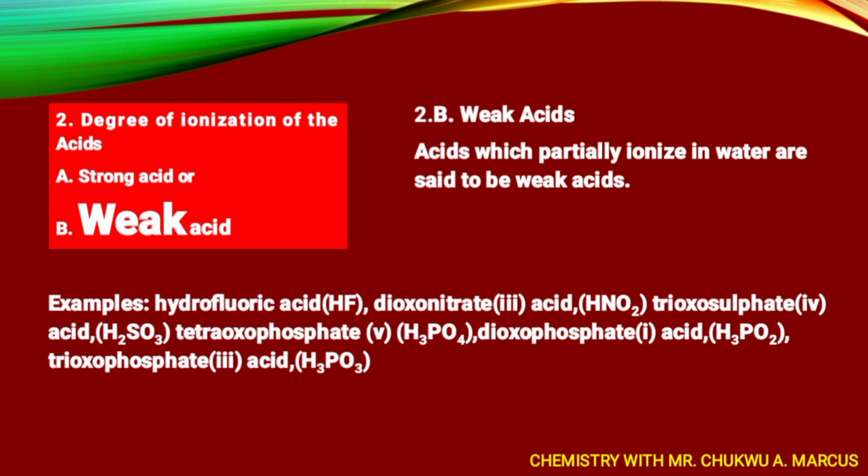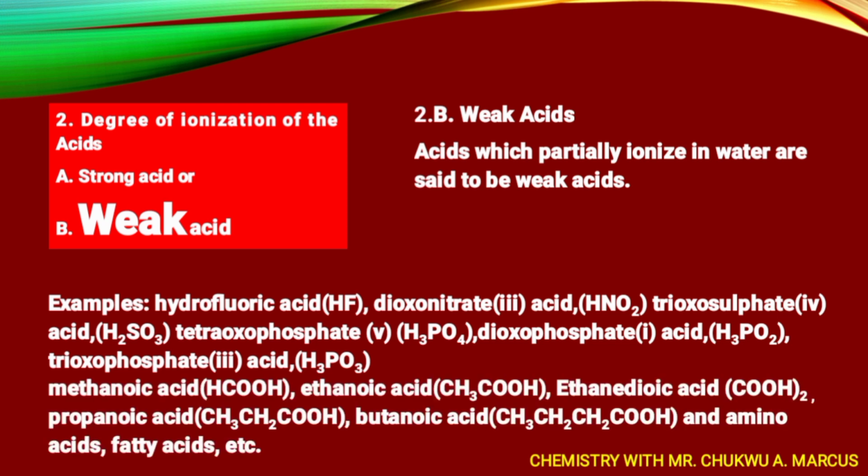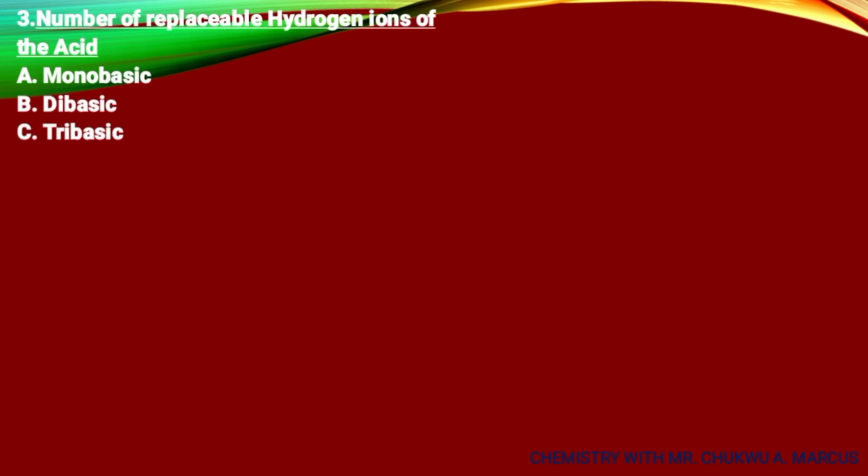So hydrogen cannot be released to water easily because fluorine is stronger and highly electronegative than oxygen. I hope you get me on that. So in this, we have other ones like the organic acids, and those organic acids are also weak acids.